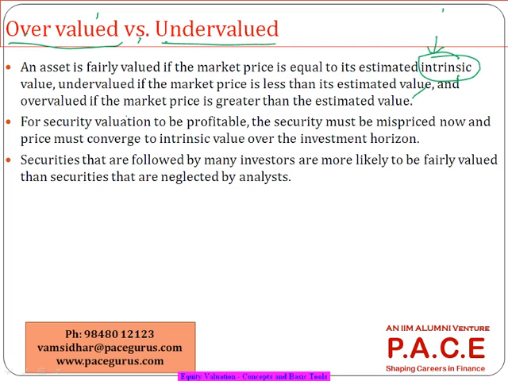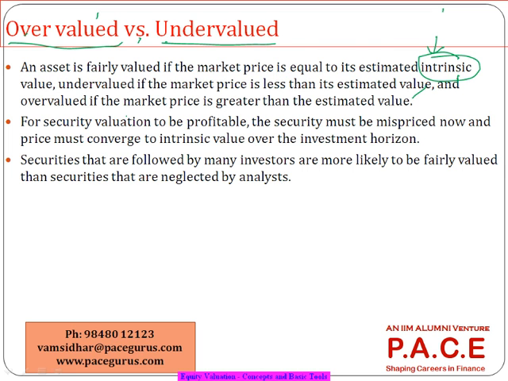Wherever we see that the market price is lesser than our assessment price, or the intrinsic value, we say that particular security is undervalued, because our assessment is that even this much price is okay for it, but in the market it is available much cheaper than that.